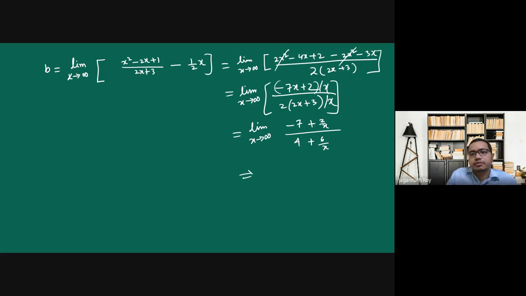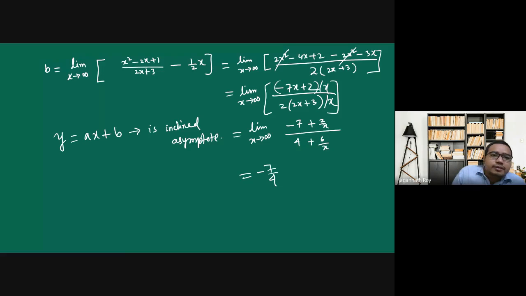As x tends to infinity, the limit is minus 7 by 4. So y equals ax plus b is the inclined asymptote.